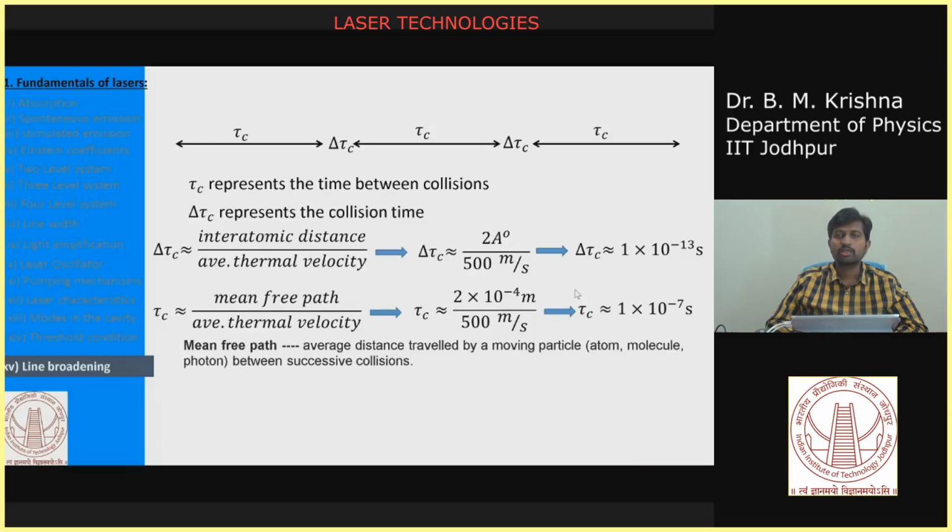Because it has a certain velocity, it will move this much distance within these time scales. Your collision time is always much less than your Tc, and your delta Tc is random. Your collisions happen at random time scales.